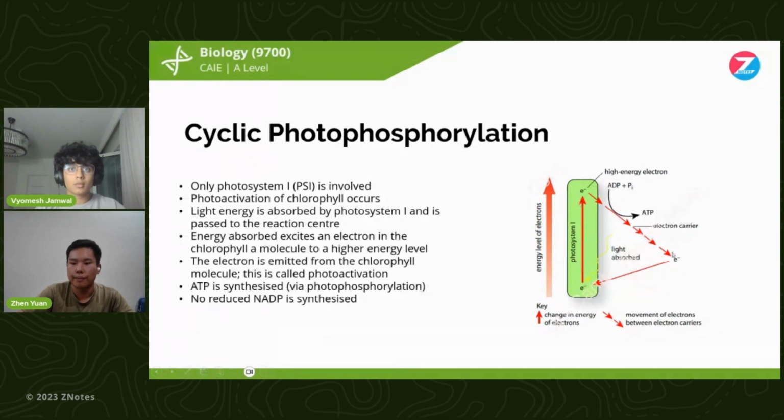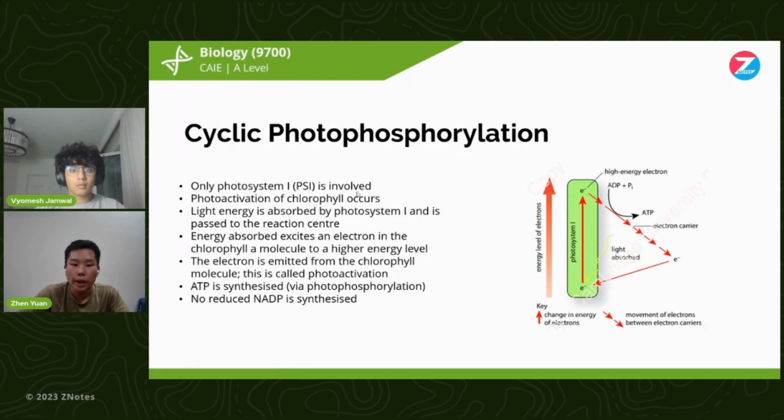And in cyclic photophosphorylation, only photosystem 1 is involved. Remember that. These points are very important, and you can memorize them and try to understand them when I explain it.